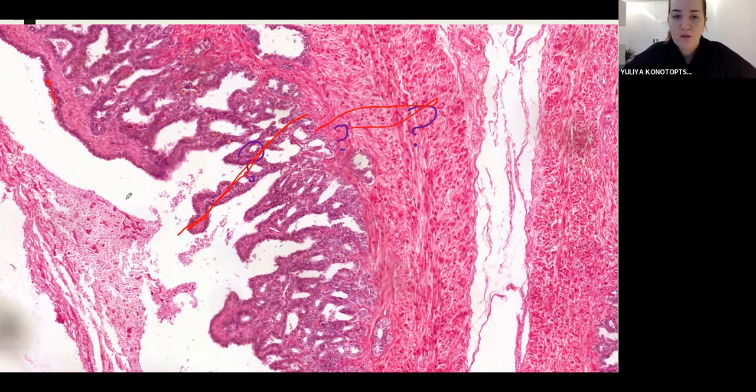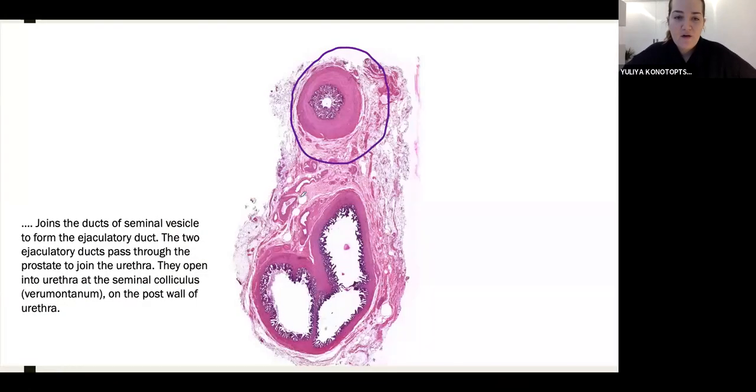So there is another slide here. This is also the seminal vesicle, right? And you can see that right next to the seminal vesicle, there is some kind of structure. What could it be? Right next to the seminal vesicle. Prostate, urethra?